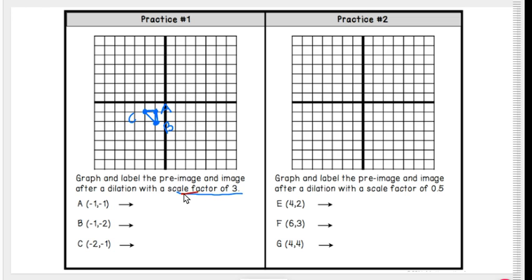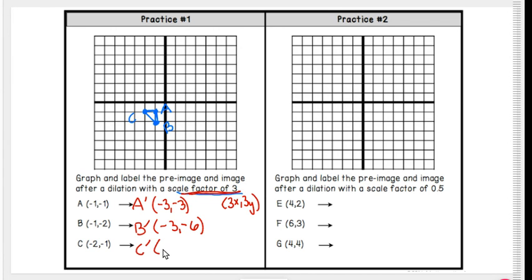Now, after the dilation, we have a scale factor of 3. So that means each coordinate is going to get multiplied by 3. It's basically what's happening here. So A prime is going to be -3, -3. B prime, I multiply each of these by 3. -3, -6.